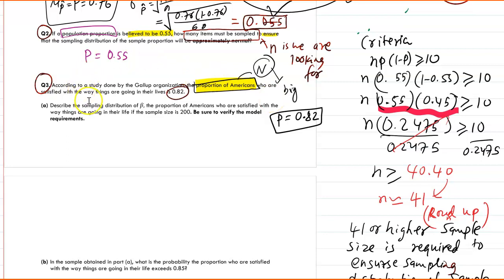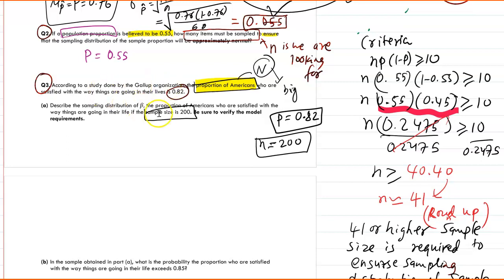Describe the sampling distribution of p hat. That's part A. The given is the proportion of Americans who are satisfied with the way things are going in life, and the sample size is 200. That means n equals 200, right?